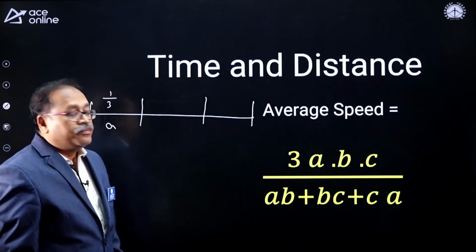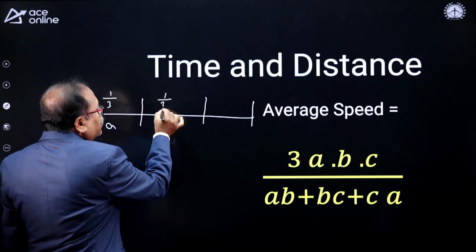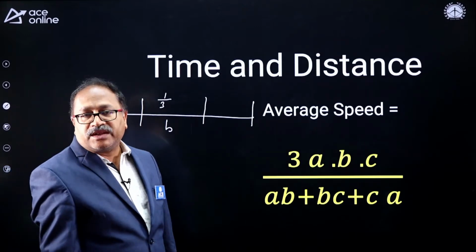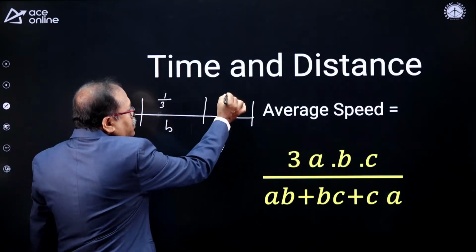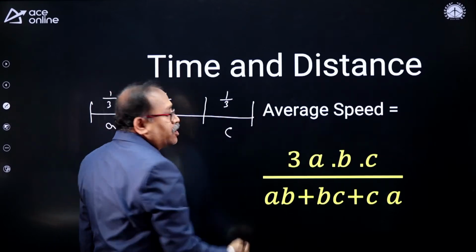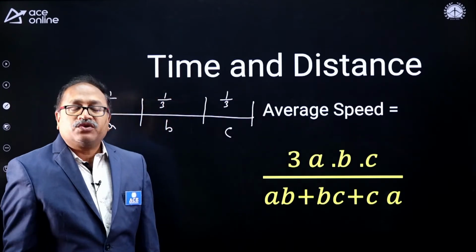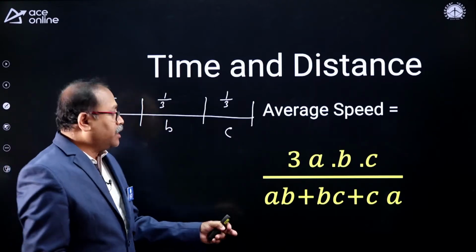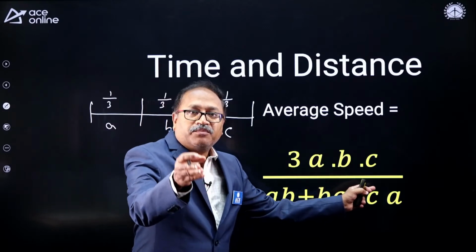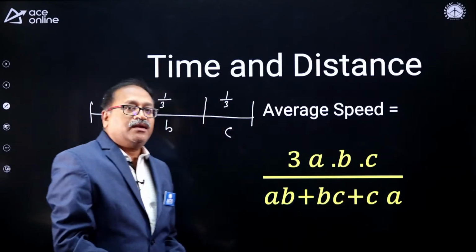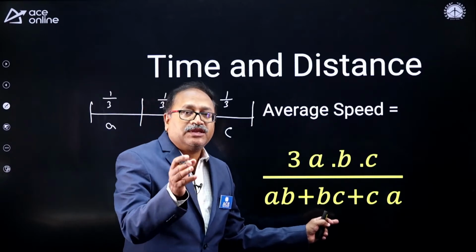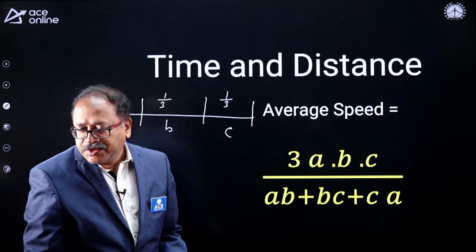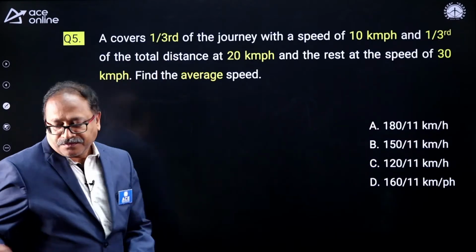The next 1/3 of the distance is travelled with a speed of B km per hour, and the next 1/3 is travelled with a speed of C km per hour. What will be the average speed for the whole journey? We have a formula: 3ABC by A into B plus B into C plus C into A. We will see the application part of this. Let's come to the question here.